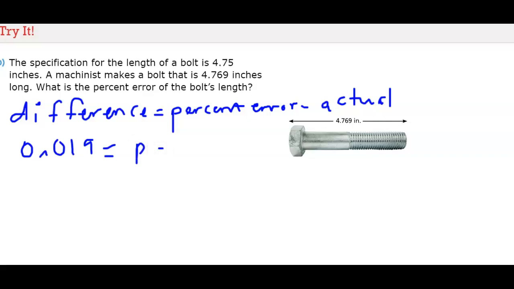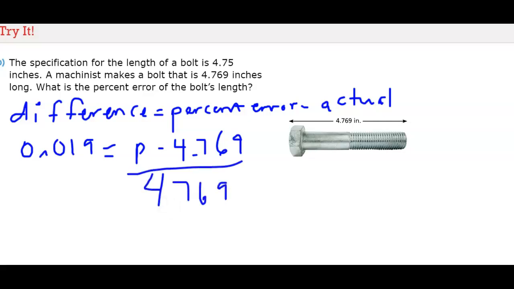And the actual length, 4 7/69, and then we have to divide by 4 7/69 on both sides.